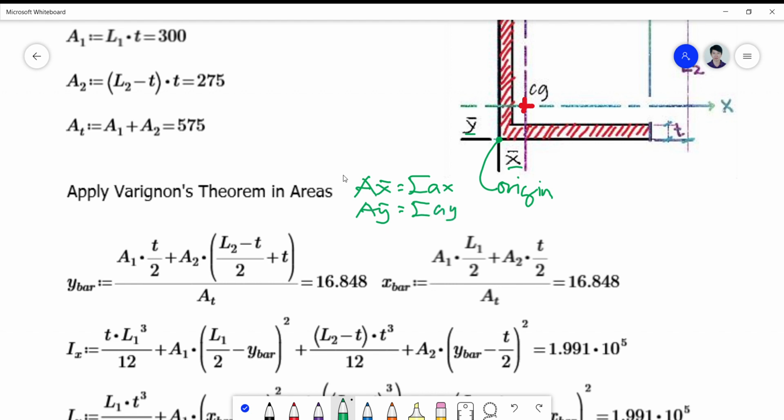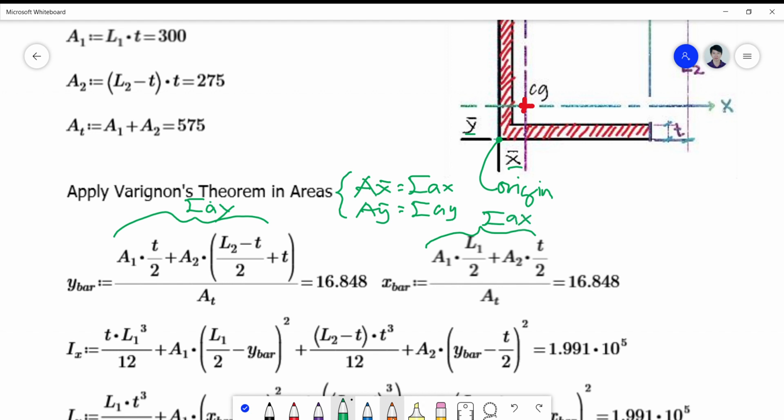Okay, so this refers to your Varignon's theorem. So for y bar, this is now your summation of area y, and for your x bar, this is simply the summation of area x.